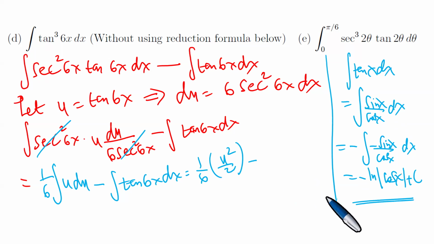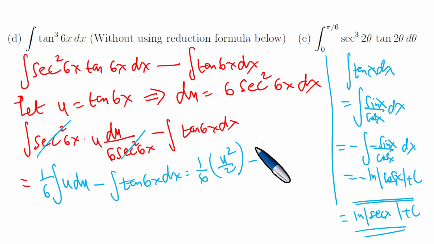So the integral of the tangent is minus ln of that, but you can write it as the ln of the secant of x plus c, because it's like 1 over cosine.